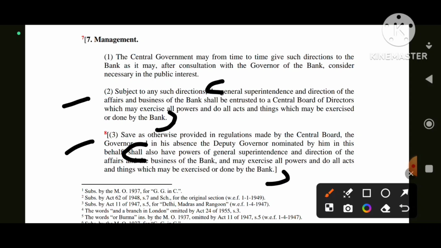But since this central board of directors cannot give all its time to look after the functions of the bank, if they in their regulation appoint a governor or deputy governor on behalf of the governor in his absence, they can also perform the same duties. That is, they can also have the same rights which the central board has.